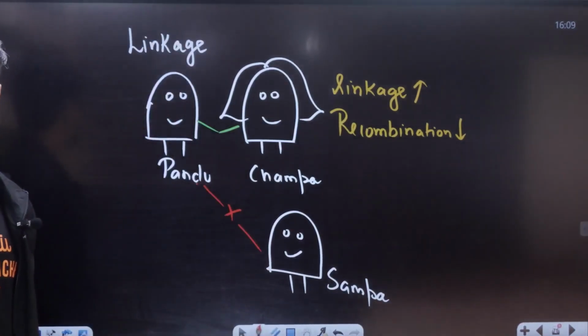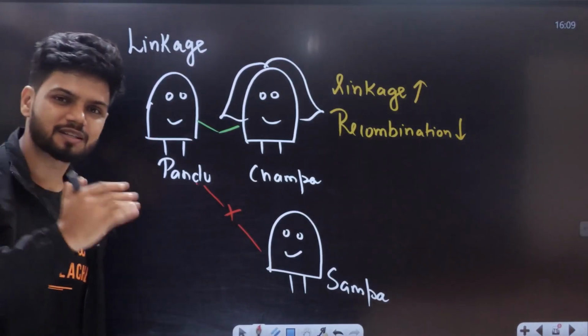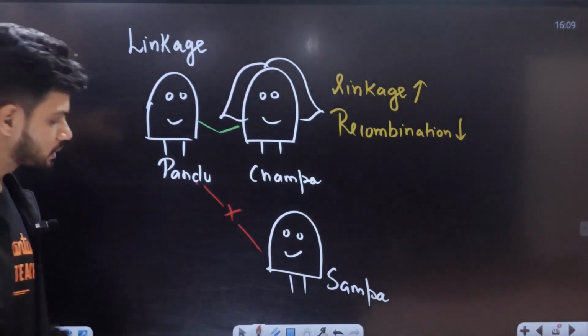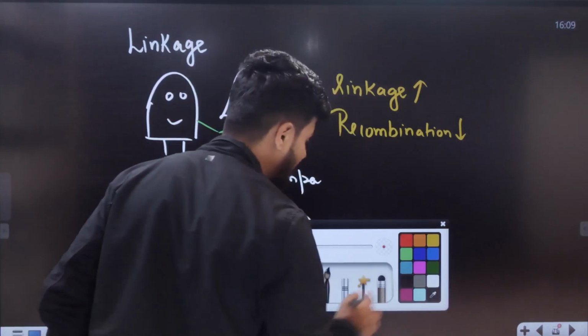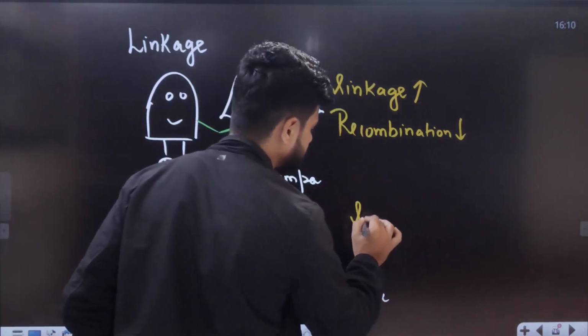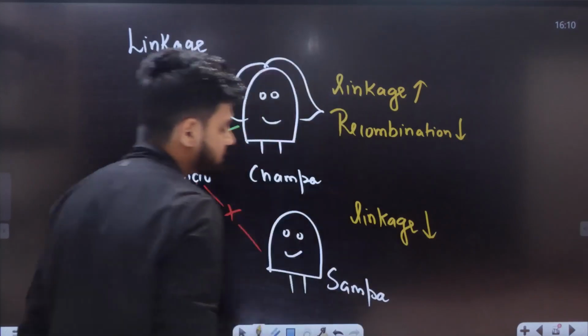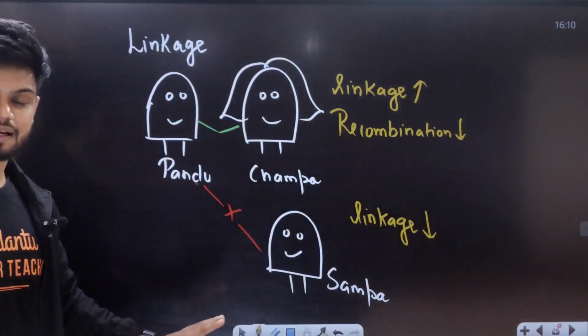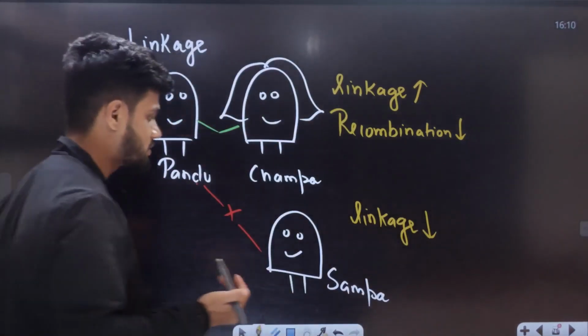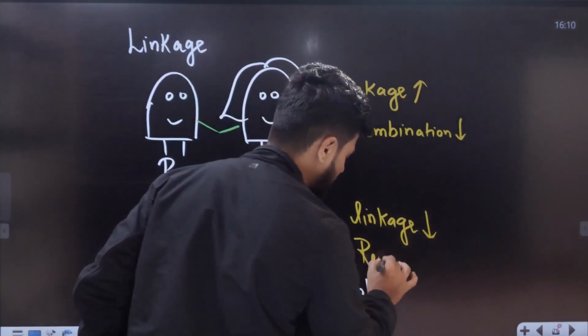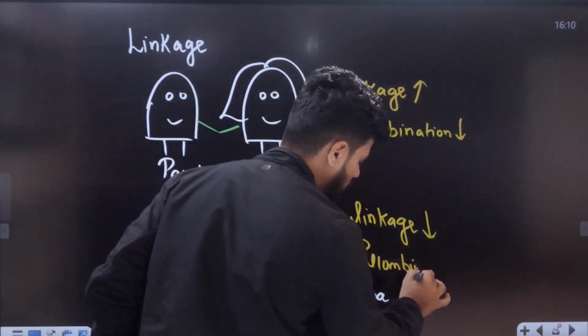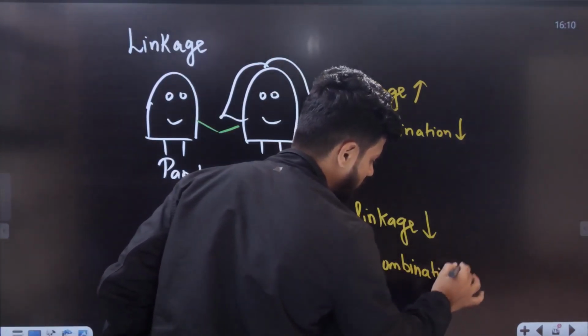The bonding that is there between Pandu and Champa is not there. So can I tell between them linkage is very low? If there is no linkage between them, can I tell they'll fight with each other? Yes. So recombination is very high. Recombination between them is very high.